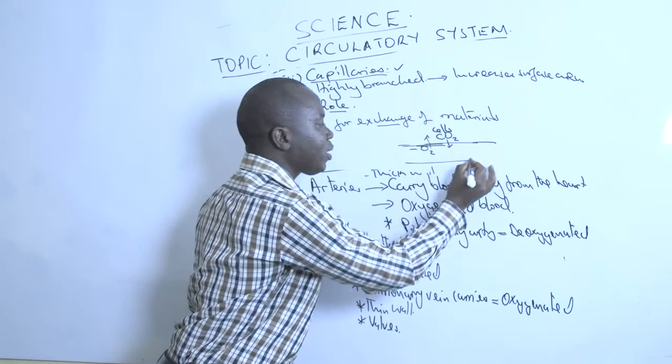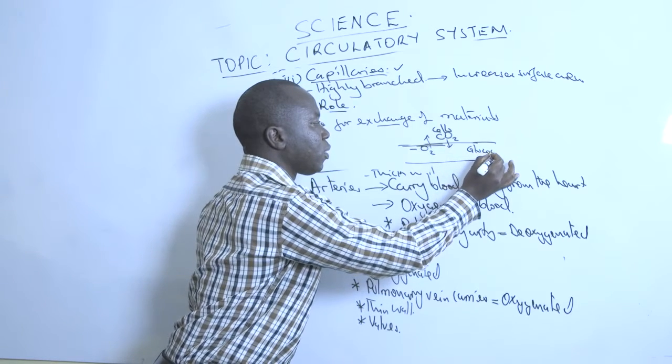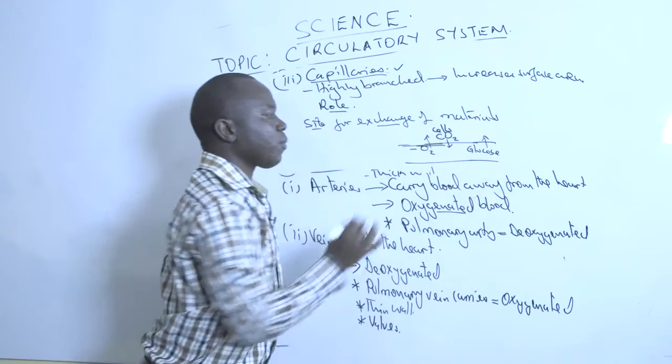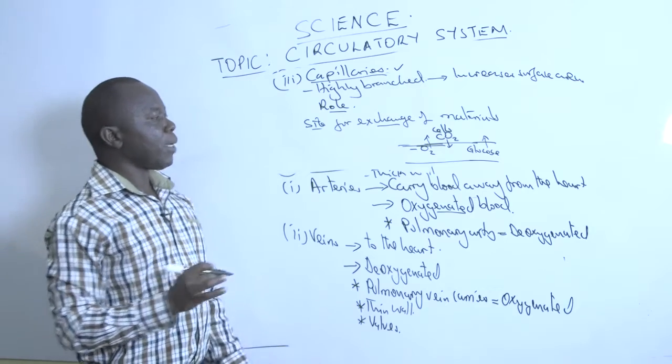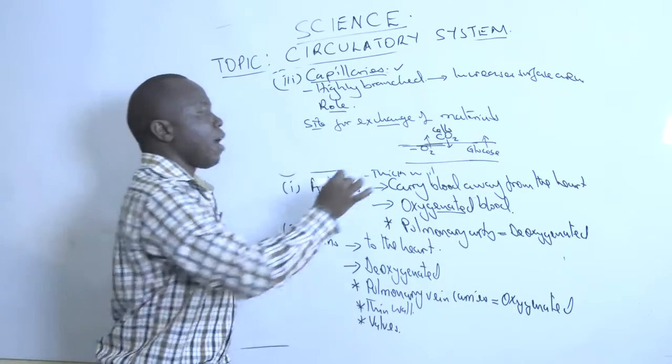We can also have other materials like nutrients. Let us use glucose. Glucose will diffuse from the blood in the capillaries across its thin walls into the cells or tissues.